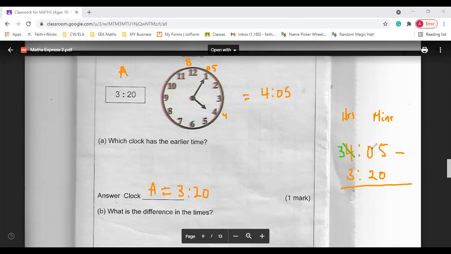So 3 hours here. So this becomes 60 plus 5, which is now 65 minutes. So 65 minus 20 is 45, and 3 minus 3 is 0. So the difference in time is 45 minutes.